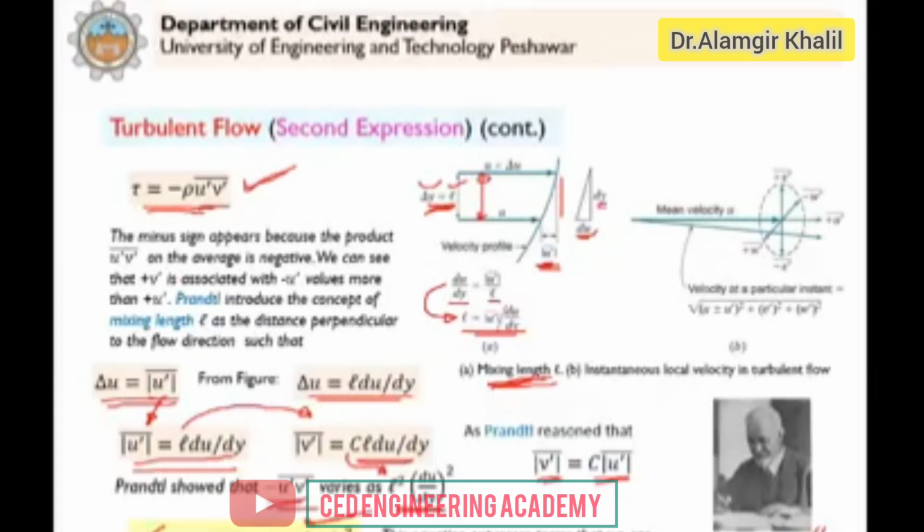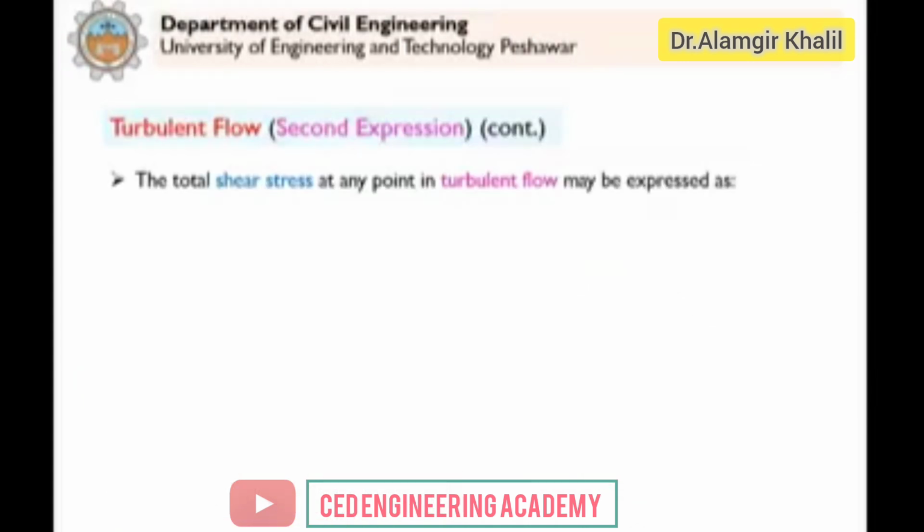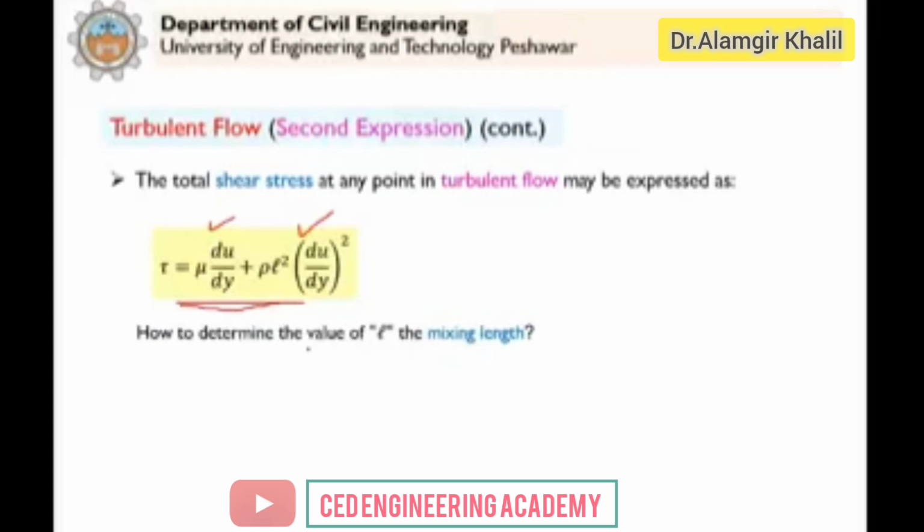And the shear stress, and then du by dy we can measure. Rho is the fluid property, so it means that we can express this L as a function of the pipe radius, and now in this equation all the quantities we can measure. So the total shear stress is now given by this expression here. So this is the laminar shear stress and this is the turbulent shear stress. So the total shear stress can now be written in this equation form.